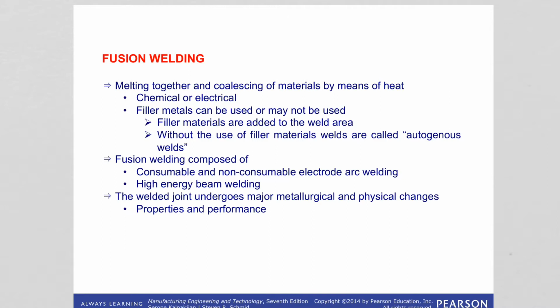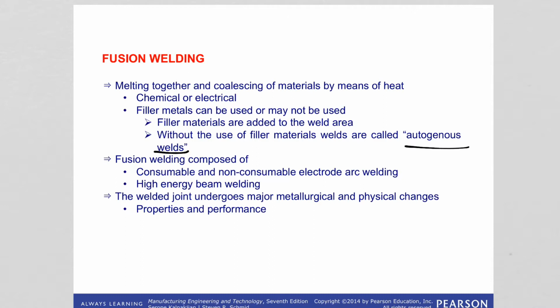If we don't use filler materials in the welds, then it is called autogenous welds. Fusion welding is composed of consumable and non-consumable electrode arc welding and high energy beam welding.